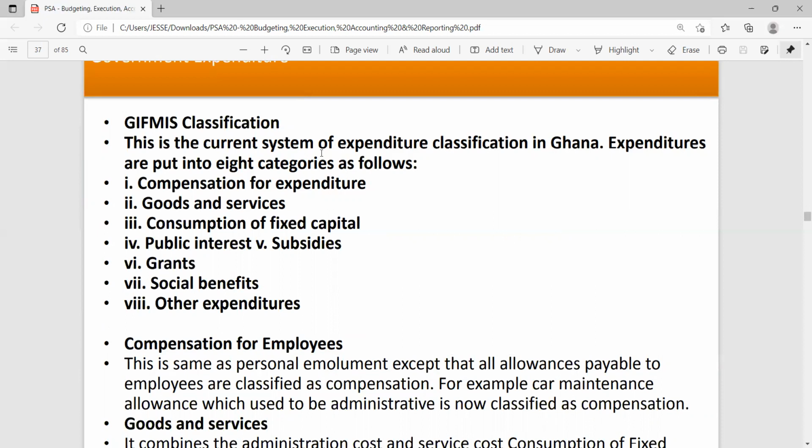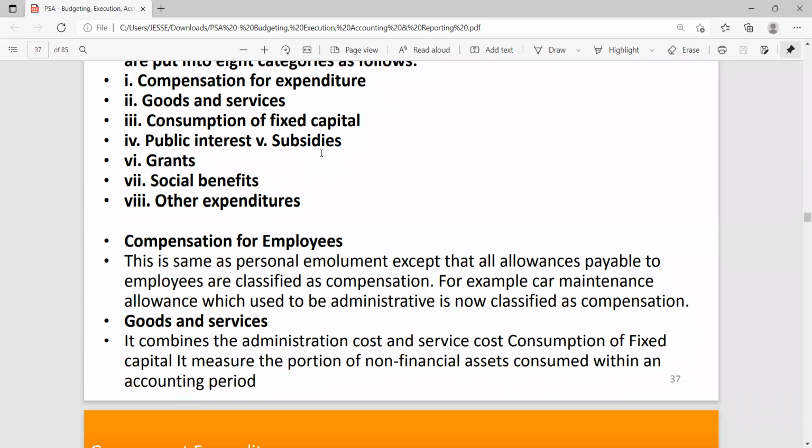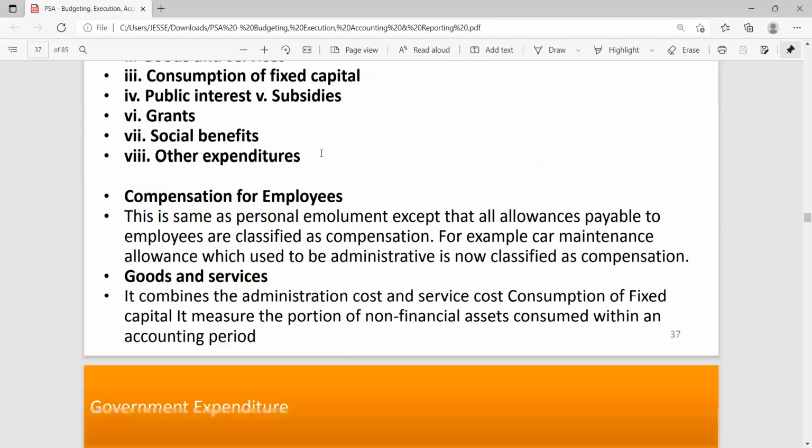Number 3, consumption of fixed capital. Then public interest, subsidies, grants, social benefits, and other expenditures. These are the 8 expenditure categories.